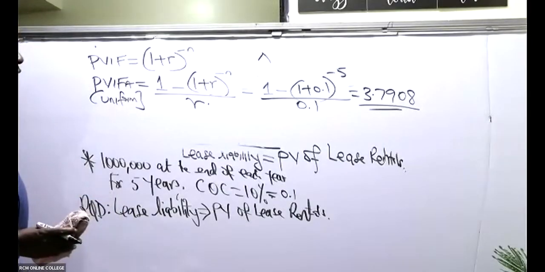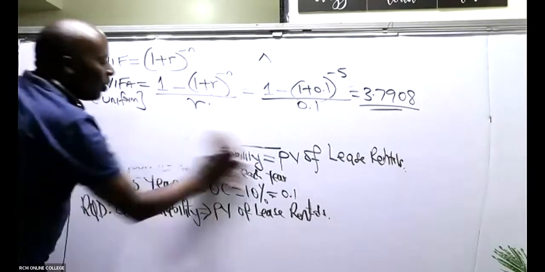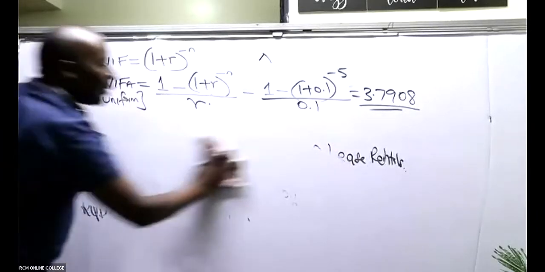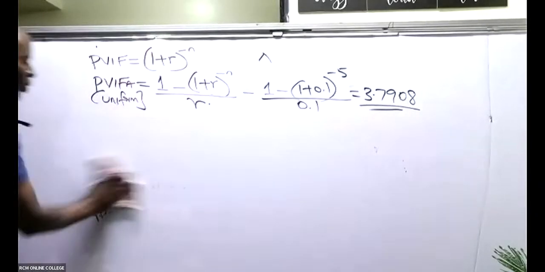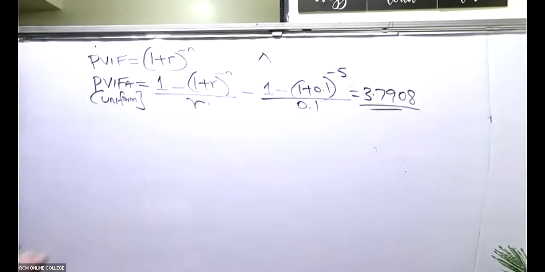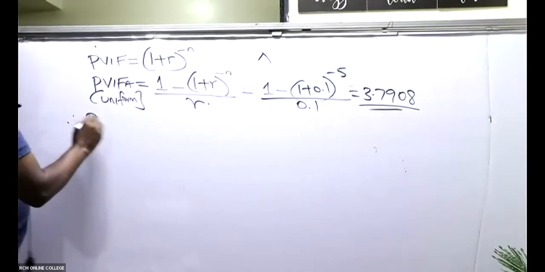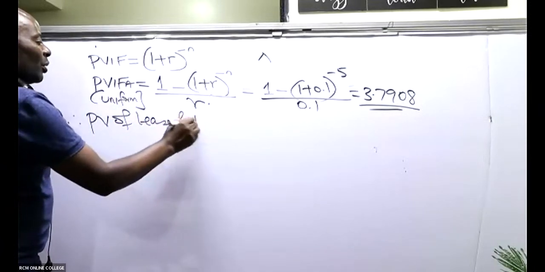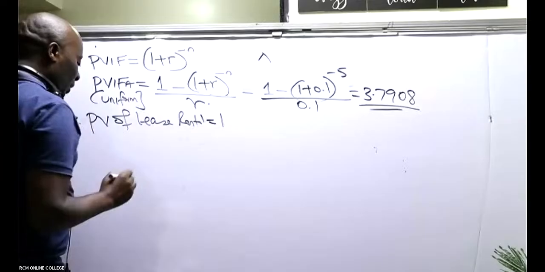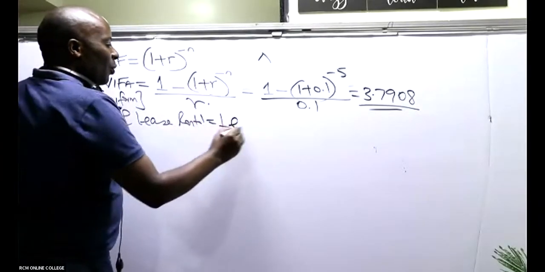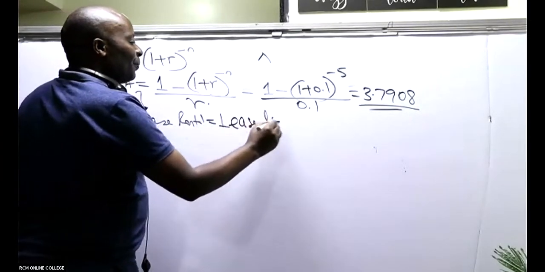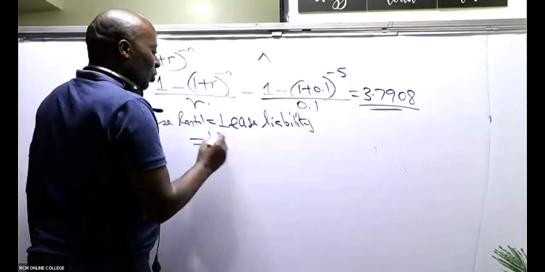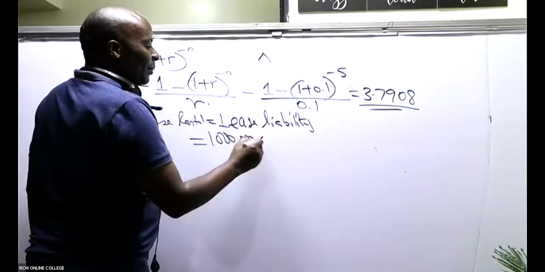And therefore, the present value of our lease rentals, which in this case will be our lease liability, will be equal to the annuity of $1 million times PVIFA.